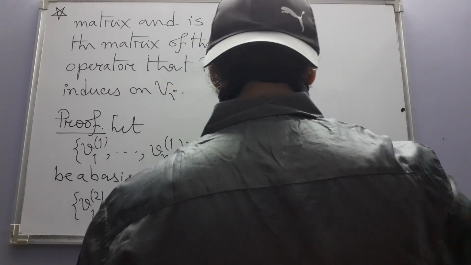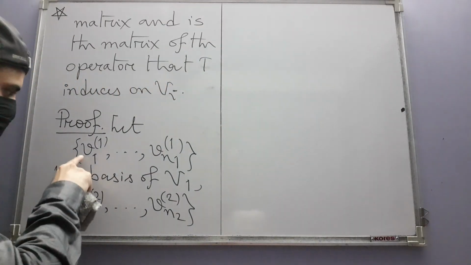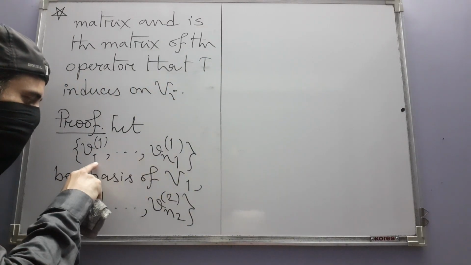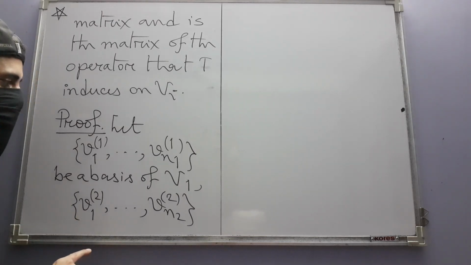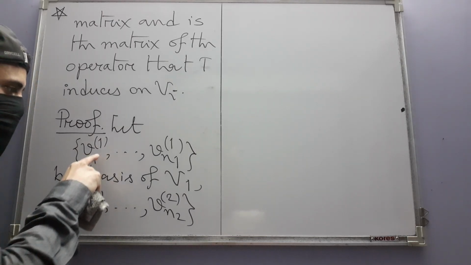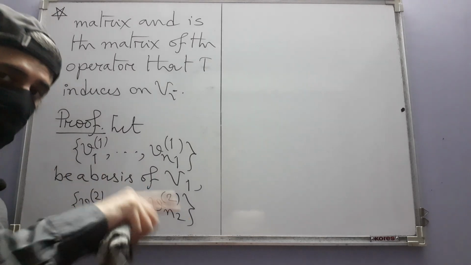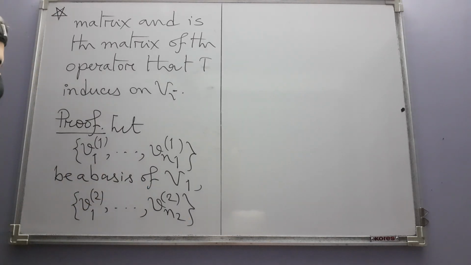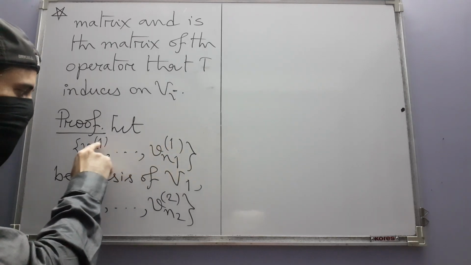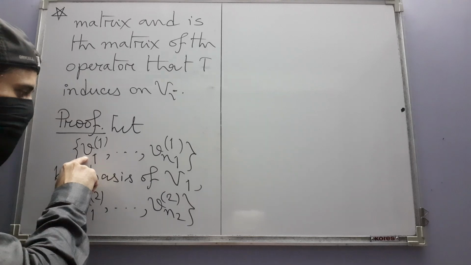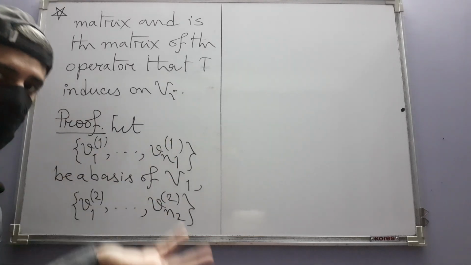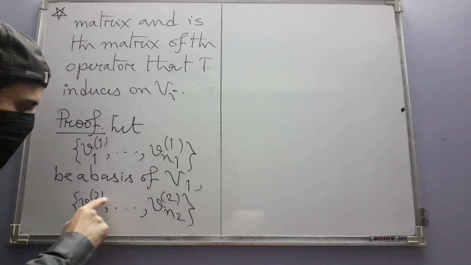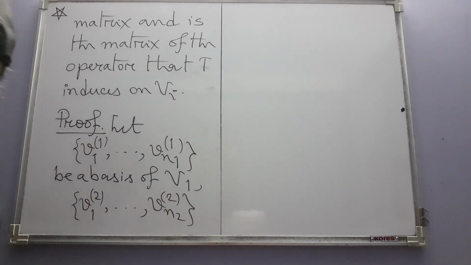So we need to not only number the vectors within a given basis, for which we are using the subscript, we also need to identify them as belonging to the basis of some Vi. That is why we are using the superscript. If you see 1 as superscript, the vector belongs to the basis of V1. If you see 2, then it belongs to the basis of V2, like that.